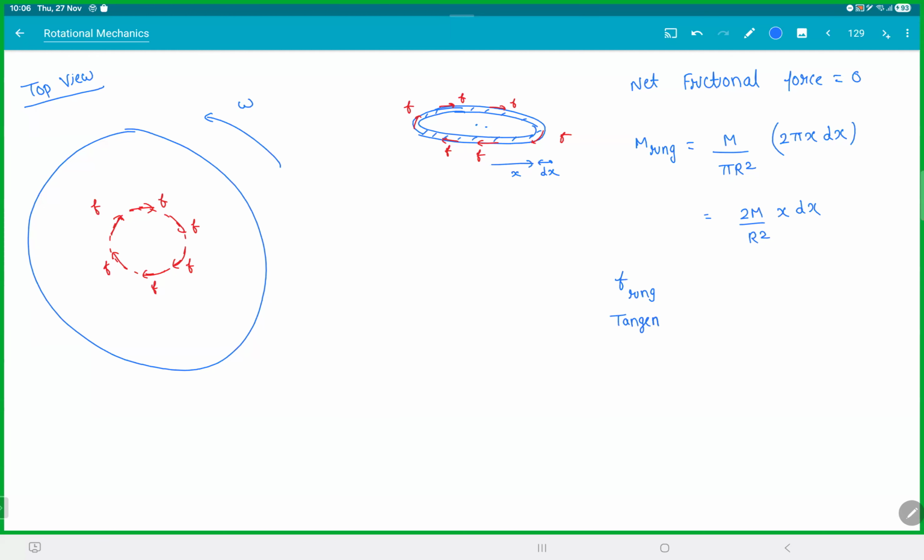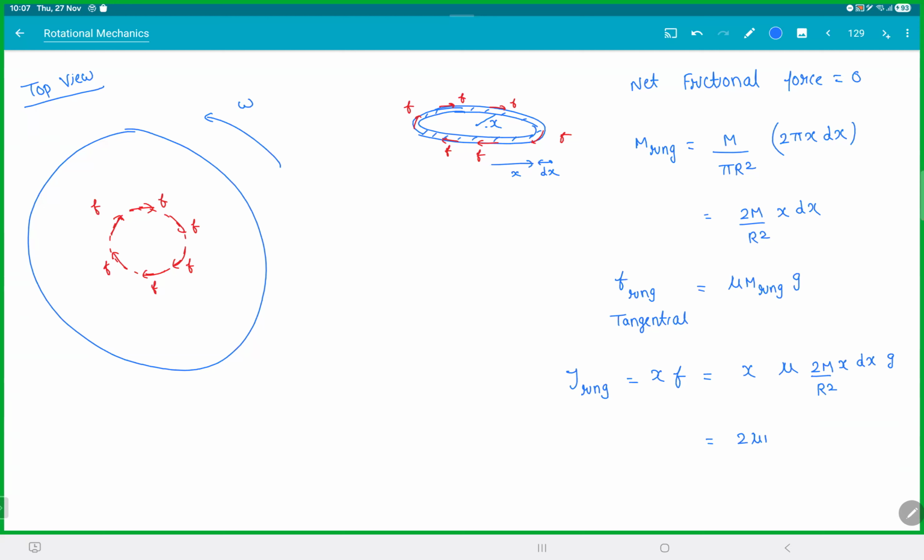And the friction on the ring, now remember, this friction is the tangential force. We are taking all the tangential forces. We are not literally adding it, we are just taking a tangential force. It will be mu into mass of the ring into g. Then the torque on the ring will be, now all these frictions are at a distance of x from the center, which is x into friction on the ring, which will be mu into 2m by r squared x dx g.